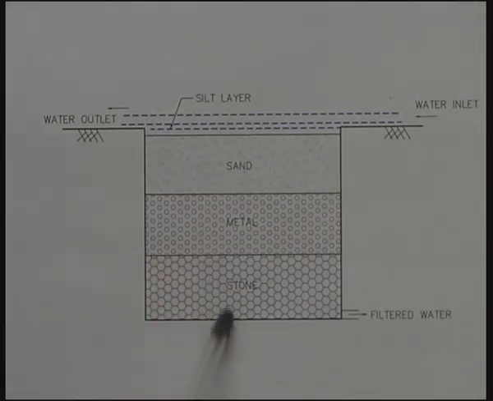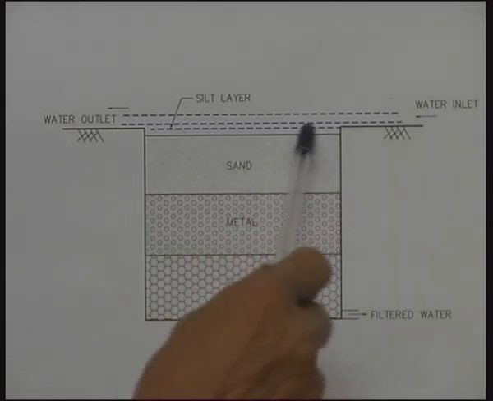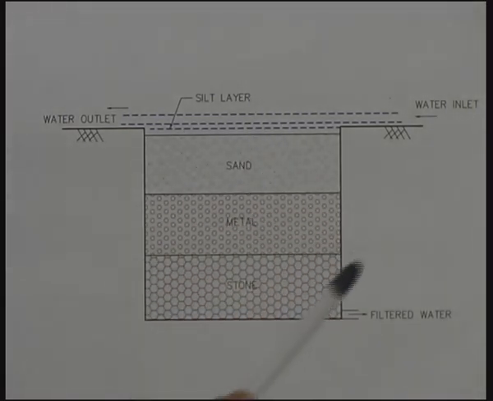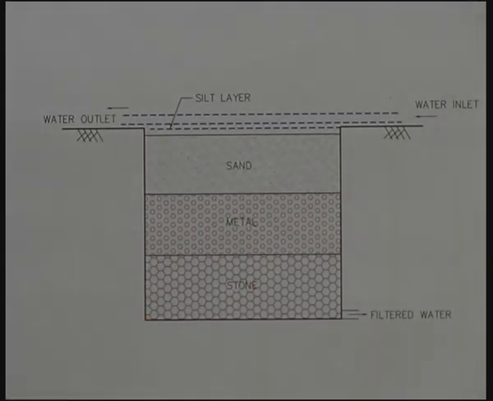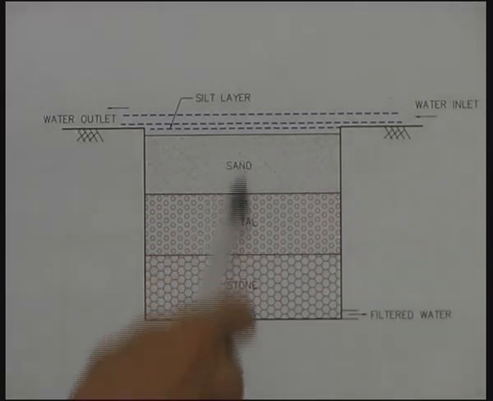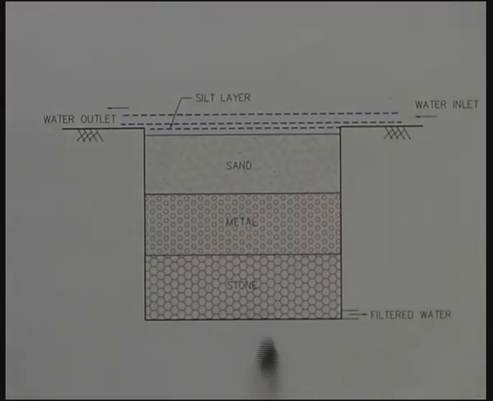The amount of infiltration rate per square meter of the bed, if supposing it is 0.5 liters or 0.3 liters per square meter per second, then even if we construct a bed of 5 meters length, then it works out to about 1.5 liters per second or 2.5 liters per second as infiltration rate, assuming that the soils are capable of taking that infiltration rate coming through the sandy bed.